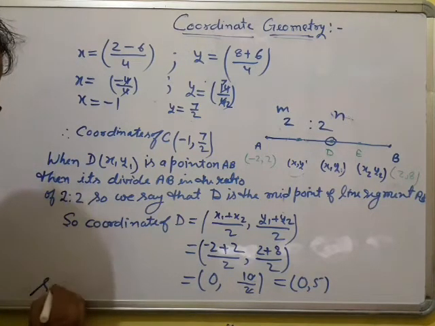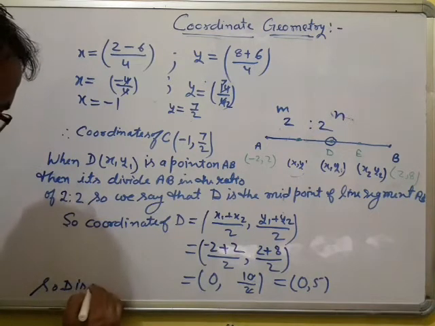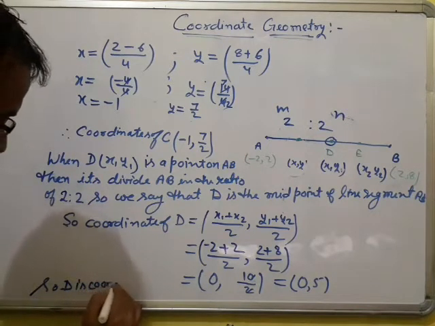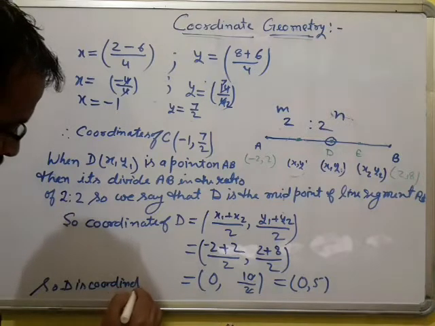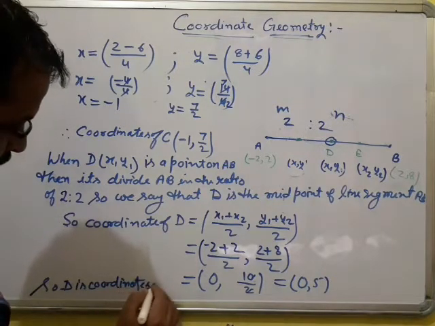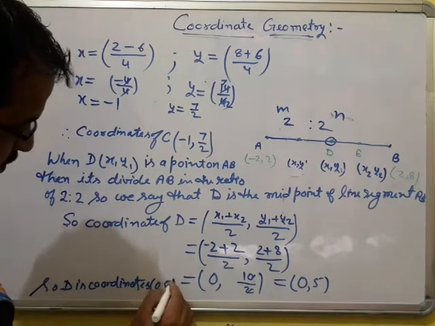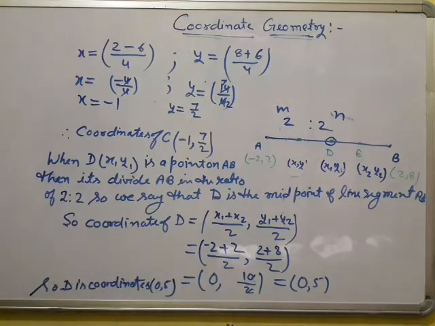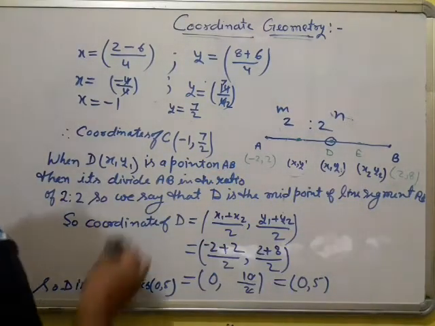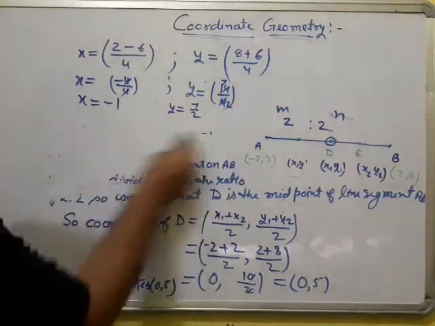So D's coordinates are 0, 5. Clear? Now we discuss the coordinates of the point E. Coordinates of the point E. Look here.